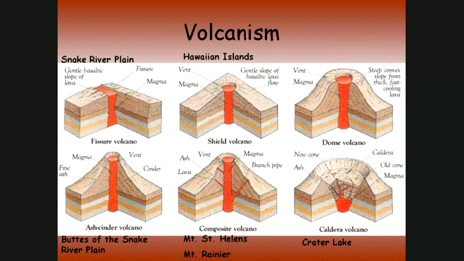That's usually called a fissure flow, because that crack is called a fissure. The Snake River Plain and the Columbia Plateau of central and eastern Washington were formed by fissure flows.